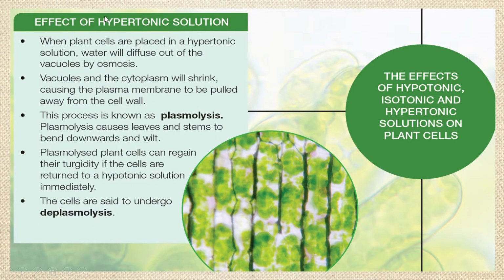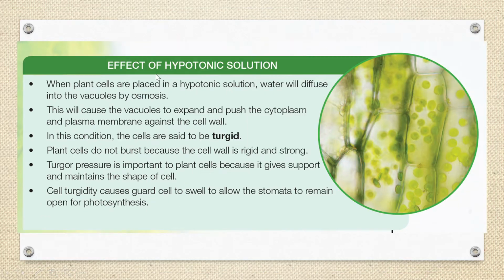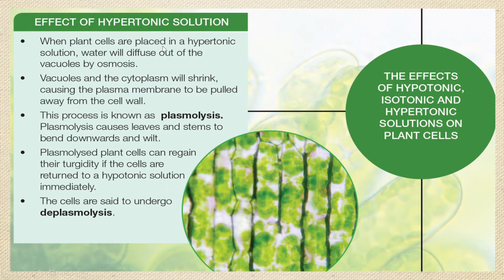Next is the effect of the hypertonic solution. Imagine just now was hypo, now in a hypertonic surrounding. So the first step is to identify the concentration of the two compartments.